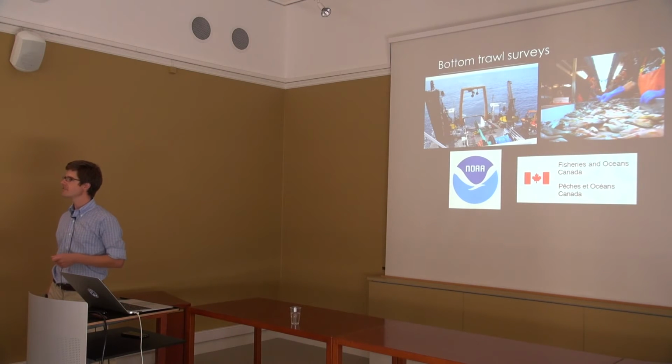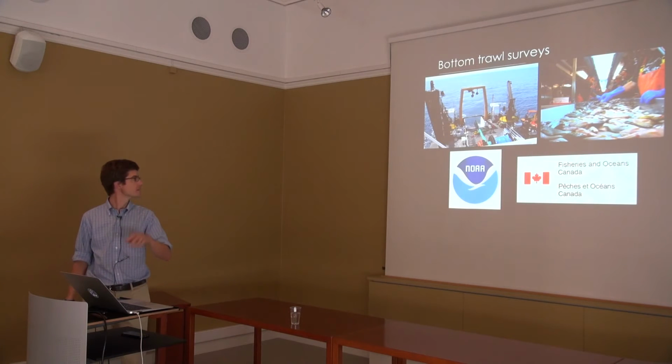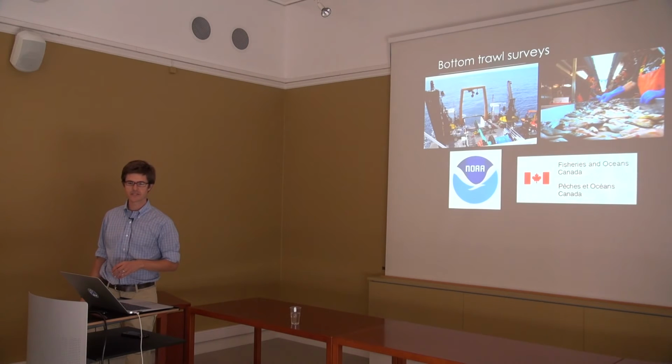They're originally designed for fisheries management, targeted at commercial species, but it's a stratified random design. They count, in a way, everything they pull up, which includes many fish, but also invertebrates and many species that are not exploited commercially, in addition to the cod and haddock and things that they're interested in from a fisheries perspective.